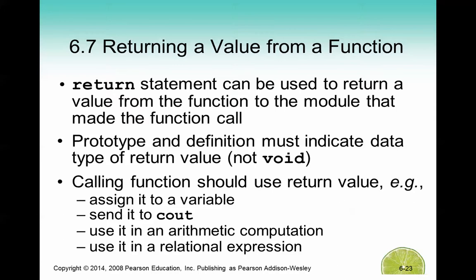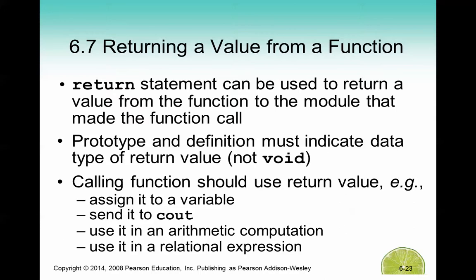If I'm going to be sending back one character, then my return data type has to be a char instead of a void. If I'm going to be sending back a true and false, then my data type has to be Boolean instead of void.